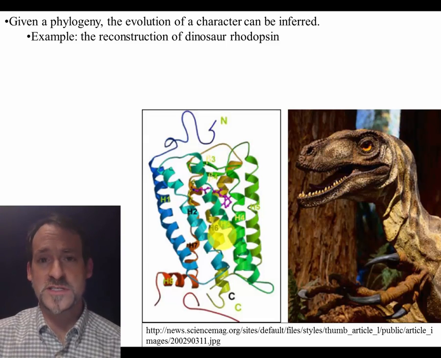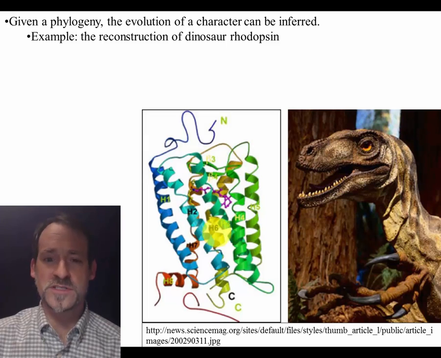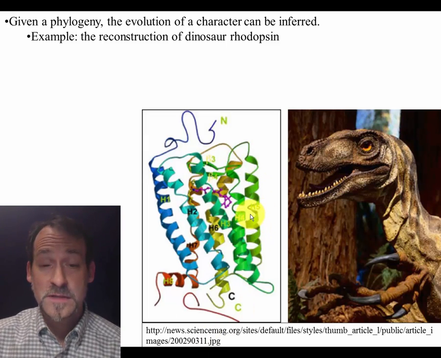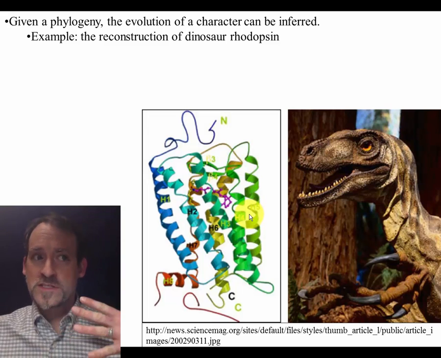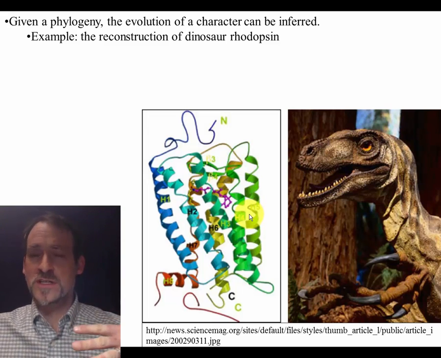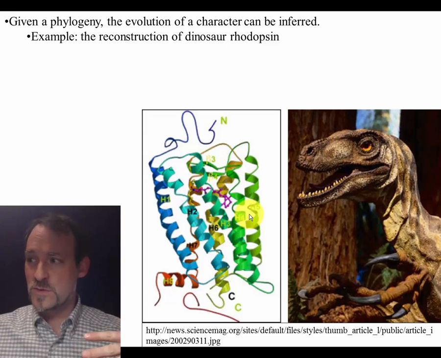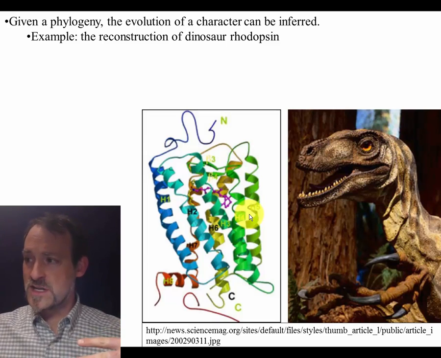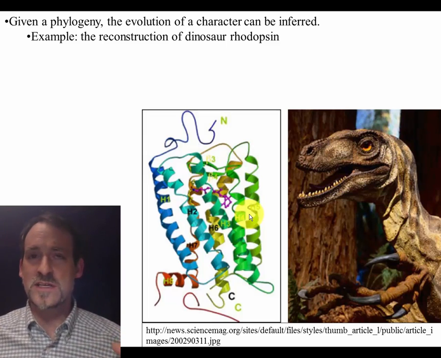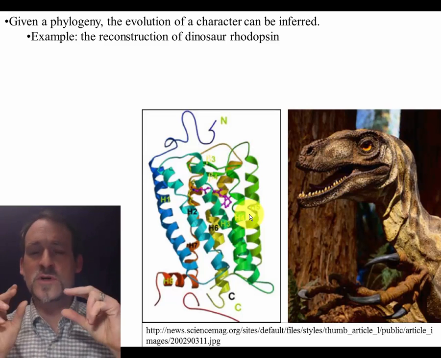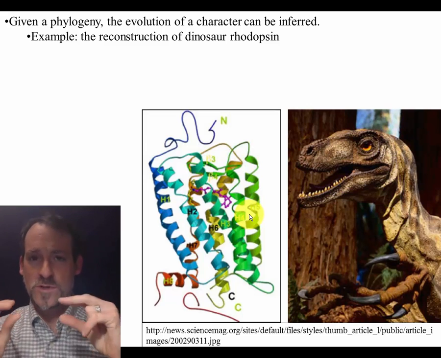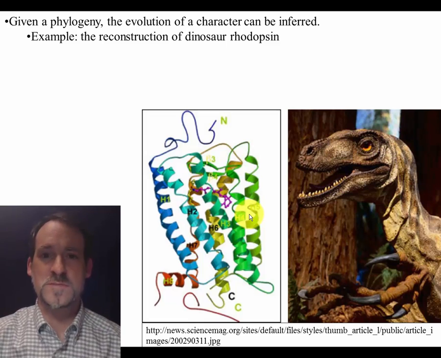Actually, I think it was probably the protein sequence, but it was either genetic or protein sequence for the rhodopsin gene for dinosaurs. Okay, so they knew what the sequence was for birds, they knew what it was for crocodiles, they knew what it was for lizards and snakes and tuataras, and they used all that to say, okay, this is the most probable sequence for this protein in dinosaurs.